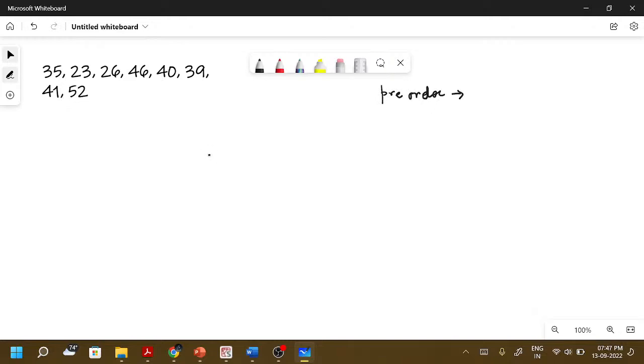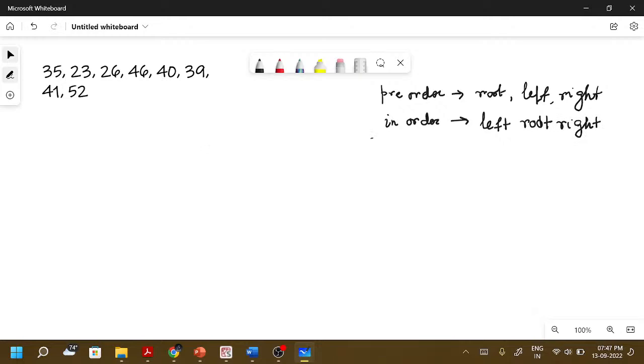Pre-order always considers this format: first we will have the root, then left, and then right. The in order considers the following: left, which is always decreasing, then the root somewhere in the middle in value, and right, which is always increasing again. So in order is actually a short form of an increasing order.